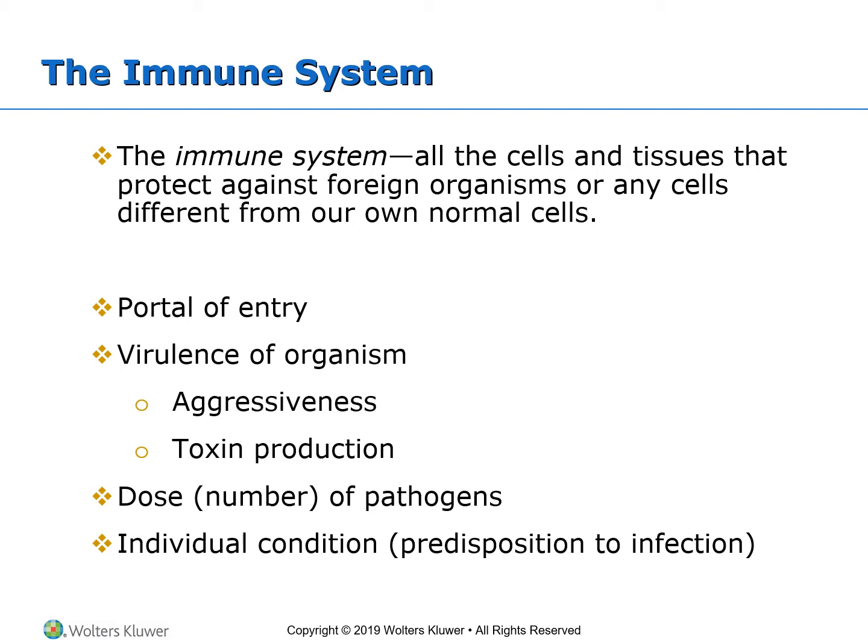And that depends also on their aggressiveness. The more aggressive they are, the more severe the condition will be. And finally, we'll have the individual condition, or their predisposition of developing an infection, the ability of their immune system to overcome or not overcome an infection.